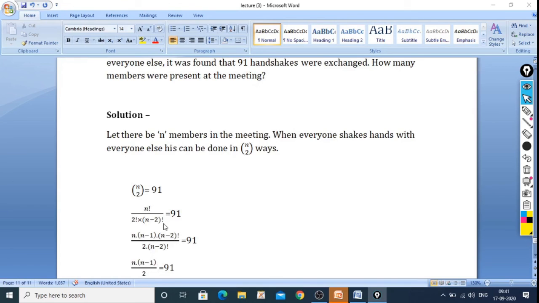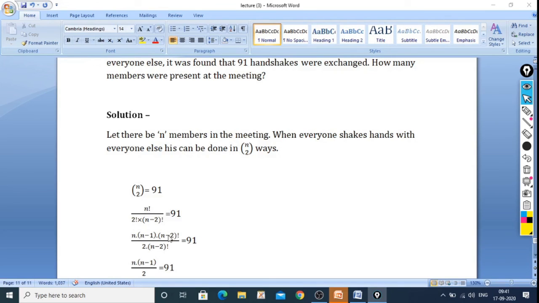Now simplify it: n factorial upon 2 factorial into (n minus 2) factorial is equal to 91. Here we have (n minus 2) factorial, so n factorial is the biggest term. So split up n factorial up to n minus 2: n into (n minus 1) into (n minus 2) factorial, divided by 2 into (n minus 2) factorial.